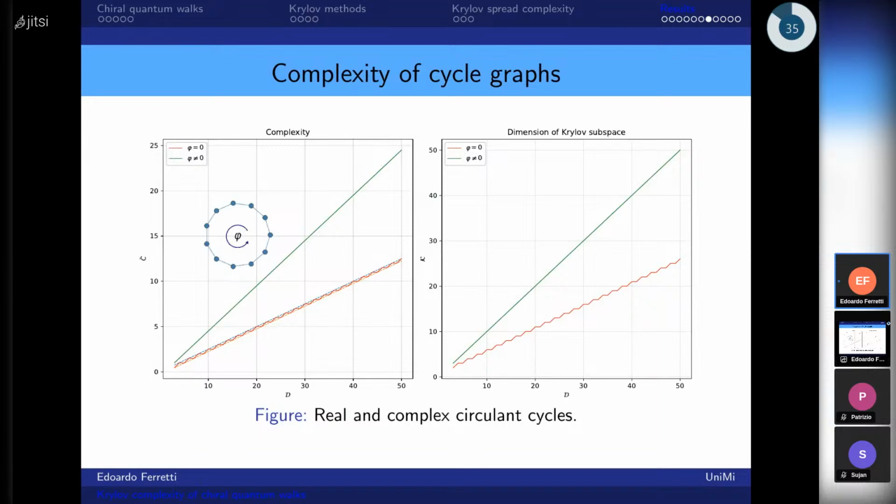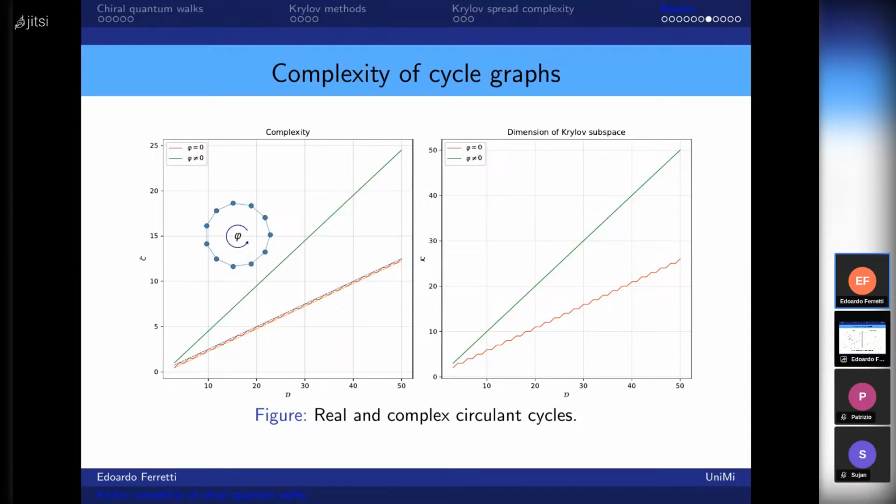So now we go to the zoology part of my thesis, which is studying many different topologies and seeing what happens when we introduce phases. Here, for example, we have this topology, a closed chain.